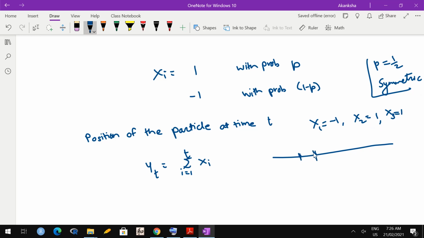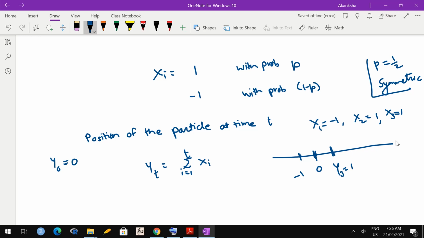So it would become this. So this becomes my y2, addition of these two, and y3 becomes this. So y3 becomes just 1 if this was 0. Okay, if the particle started at 0. So we are going to assume that the particle starts at 0. That is y0 is 0. Then this definition holds. Okay.